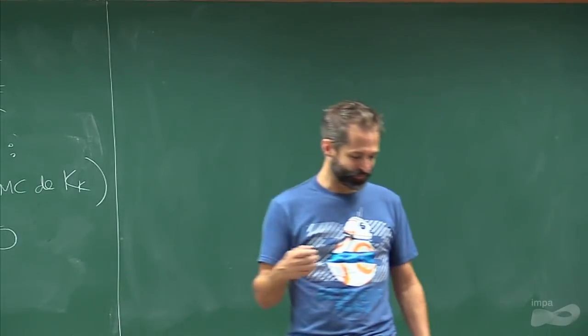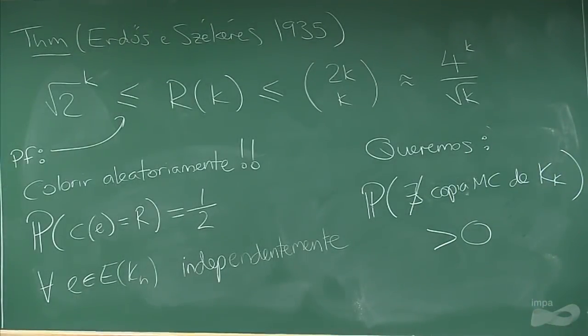The first step is to define a random variable that counts the thing that you want to count. So what is the random variable in this case? Let X be, well, a random variable will always be the number of somethings in our random object, in C. What is it we're trying to count?